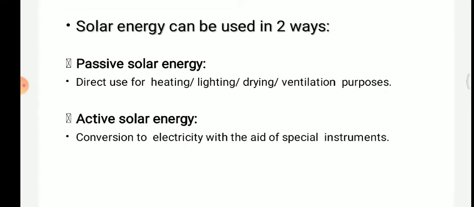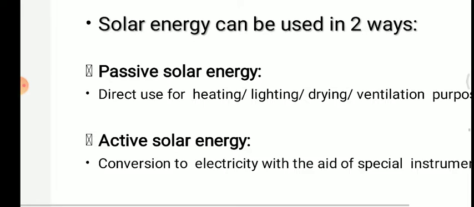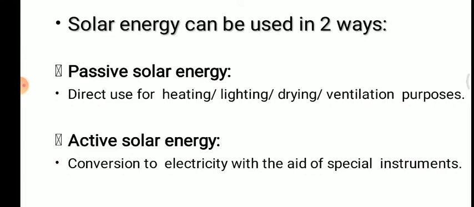Next, solar energy can be used in two ways. First is passive solar energy, second is active solar energy. So these are the two main parts where energy can be directly used.